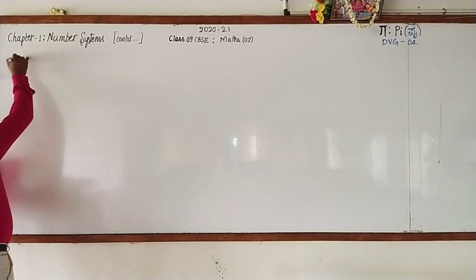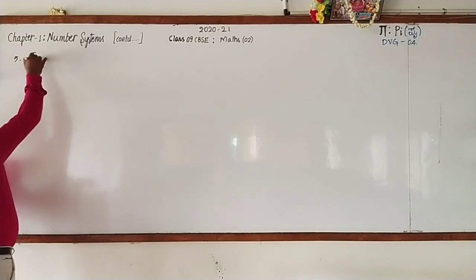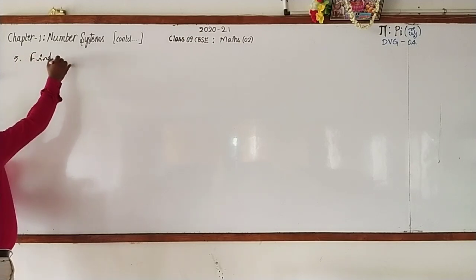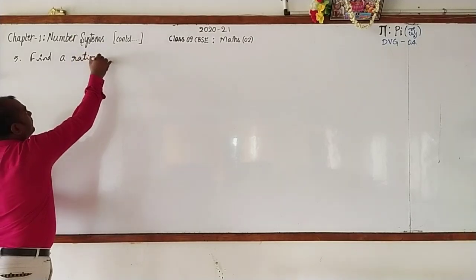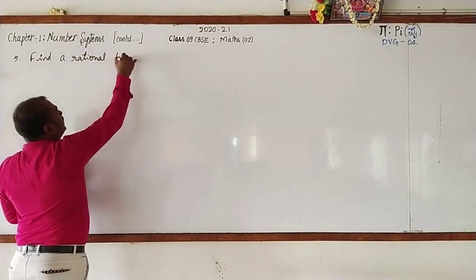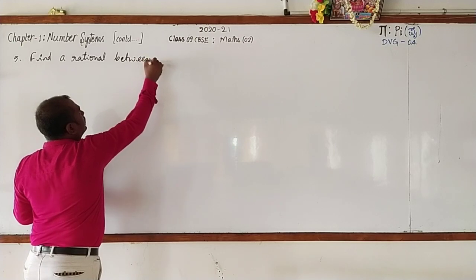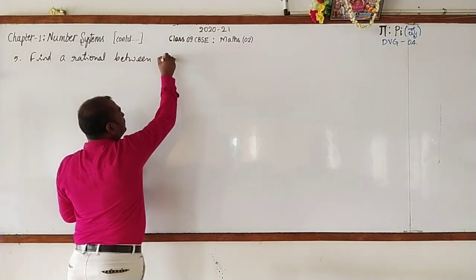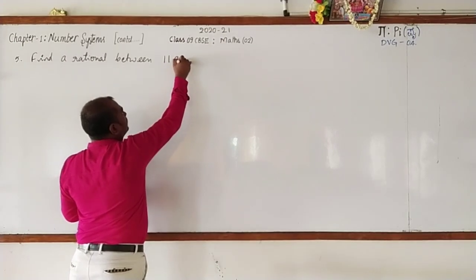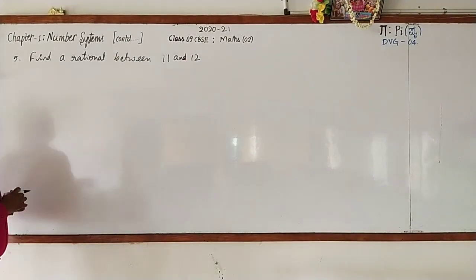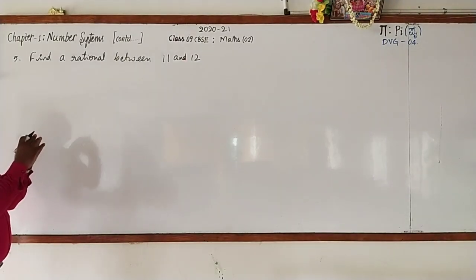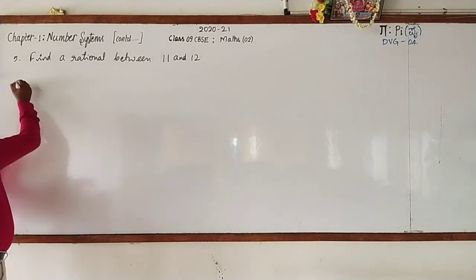It is fifth one. Here I'll write. You can also copy with me. Find a rational between, I'll take a simple one, 11 and 12. Two consecutive numbers are there, a rational between these two rationals.